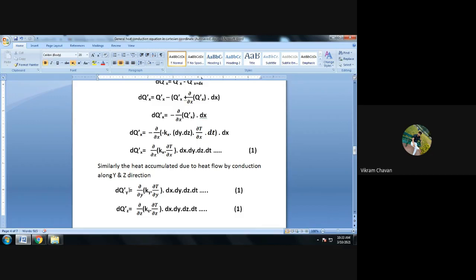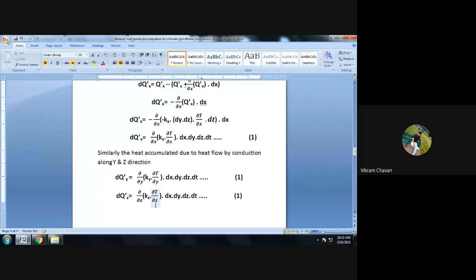Similarly, we can say that dq dash suffix y will be equal to partial differentiation with respect to y of k suffix y multiplied by ∂t with respect to ∂y, bracket complete, multiplied by dx dy dz multiplied by dt.